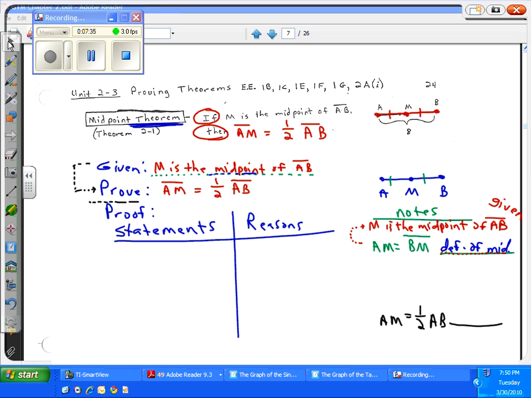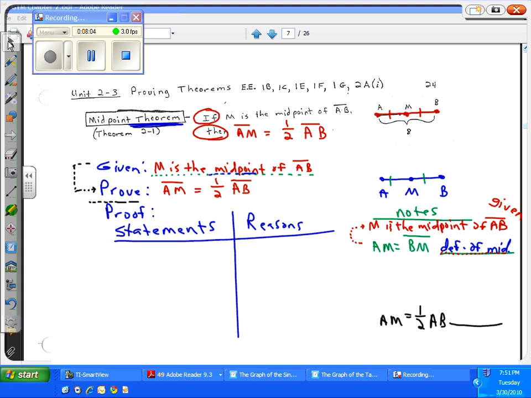And we keep thinking about what gives me two things are equal, but now this has a half. We're going to half something. Now, what have we ever done that halves something? Well, we go back to those properties of equality. If you divide by 2, that would half it. So division would half it. Multiplication is not going to half it unless you're multiplying by half, but that's the same as dividing by 2.